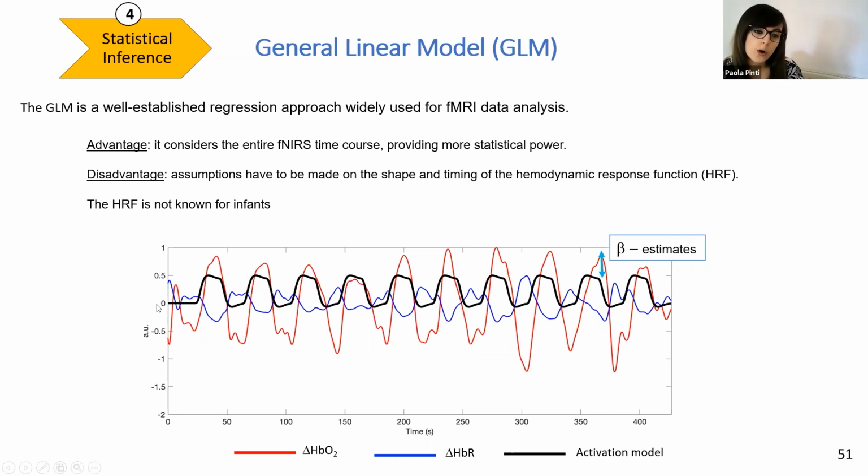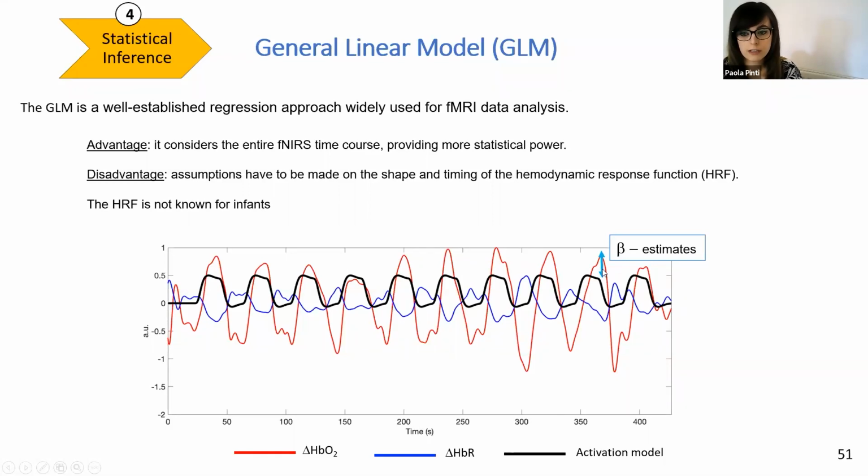What we do next is that we fit this model to our fNIRS data, and we look at how similar our oxy and deoxyhemoglobin are with respect to the model. This similarity is described by the beta values.